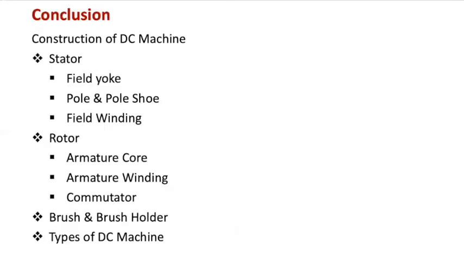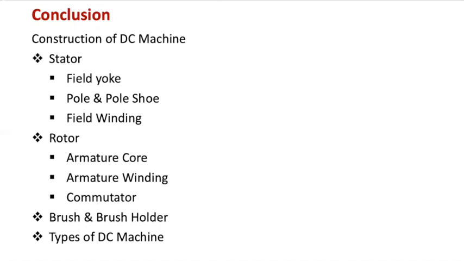Now today we have analyzed the construction of the DC machine in different parts, which is on the stator, the field yoke, the pole and the pole shoe, and the field windings. Then we have analyzed the rotor. On the rotor side, we have the armature core, armature winding, and the commutator.